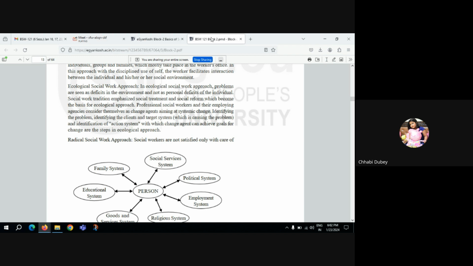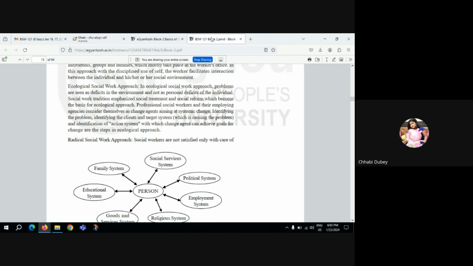So it is basically the overall environment of the individual that needs to be taken care of, that needs to be properly improved in order to change the situation of the individuals. So here, identifying the problem, identifying the clients and the target systems, and identification of the action system with which the change agent can achieve goals for change are the steps in the ecological approach.